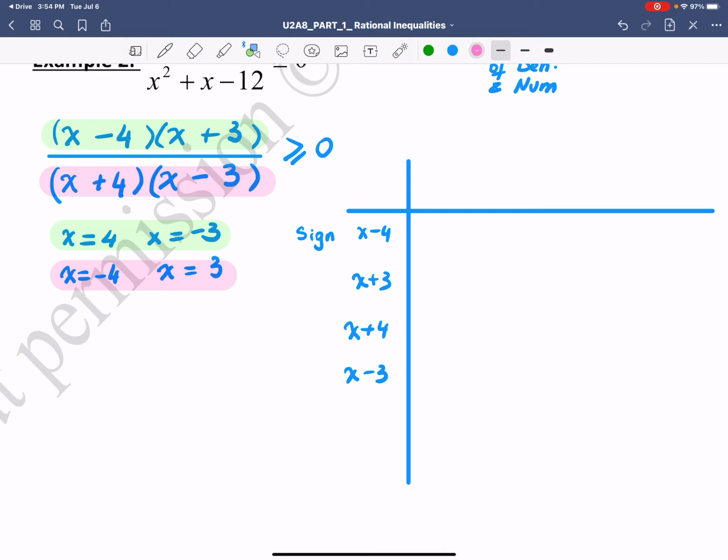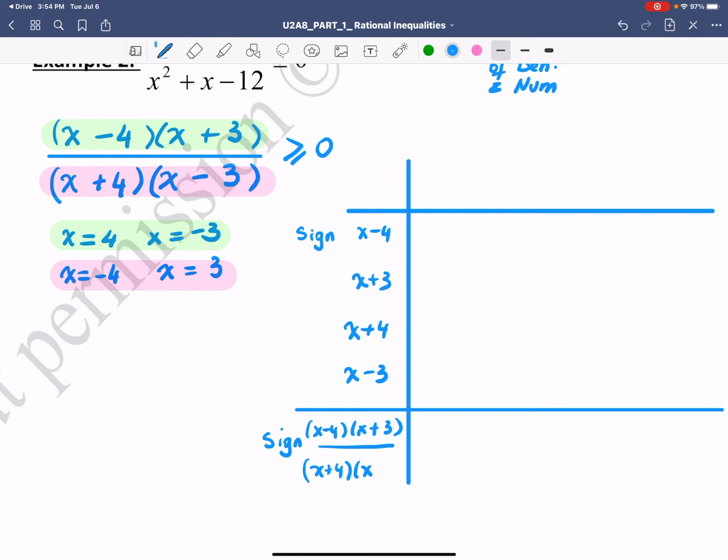And down here at the bottom, we are going to try to determine the sign of the whole thing, which is x minus 4, x plus 3, divided by x plus 4, x minus 3. So you see the process is similar.